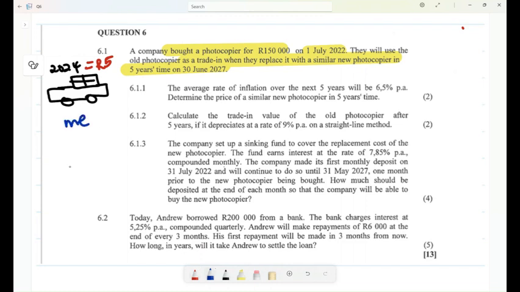Me, then the company that sells the car. The same car in 2029, let's say for both, the same car in 2029 at the store. When I sell it after 5 years in 2029, I will sell it at 1 rand. Why? Because it will have lost value.